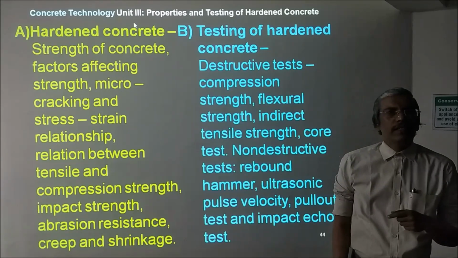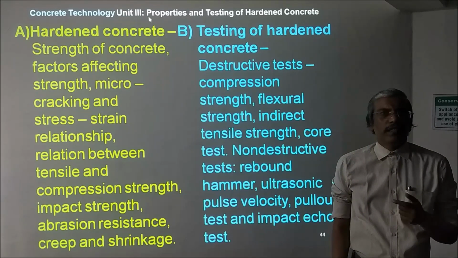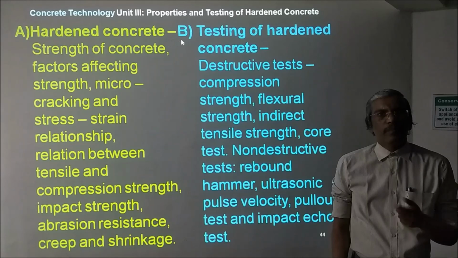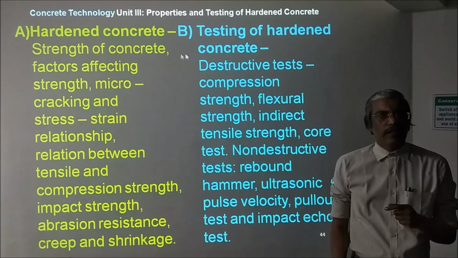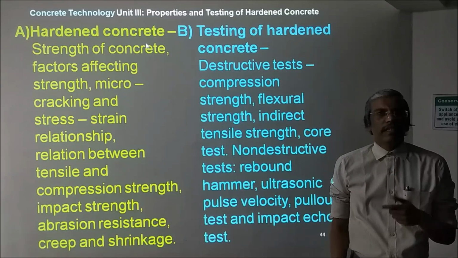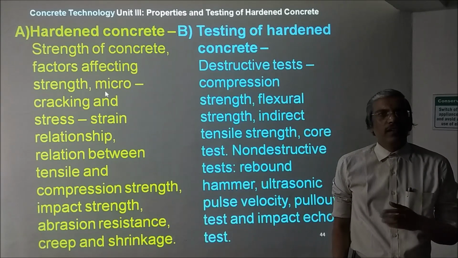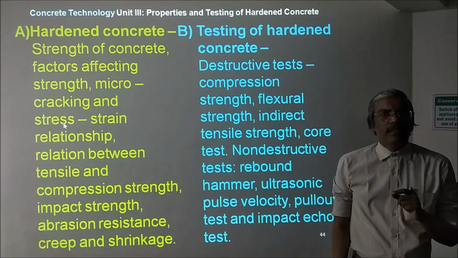Unit 3 of Concrete Technology, the title is Properties and Testing of Hardened Concrete. It includes Part A, Hardened Concrete, and Part B, Testing of Hardened Concrete. Part A, Hardened Concrete, includes strength of concrete, factors affecting the strength, micro cracking, stress-strain relationship, relation between the tensile and compressive strength, impact strength, abrasion resistance, creep and shrinkage.